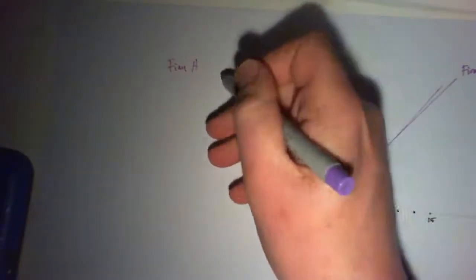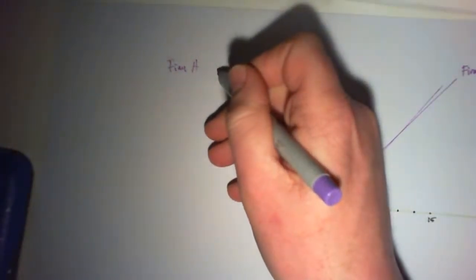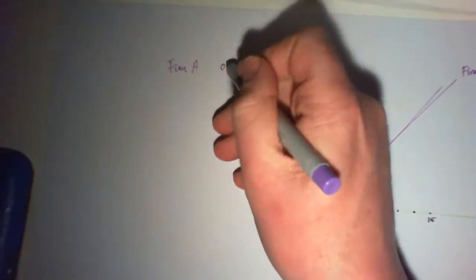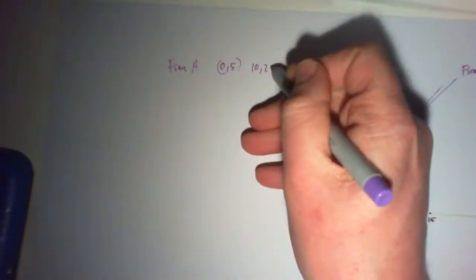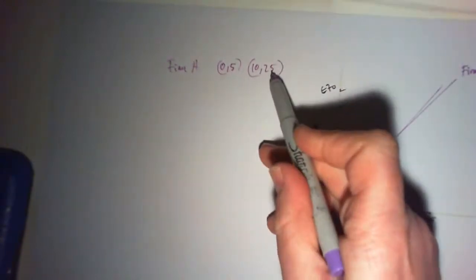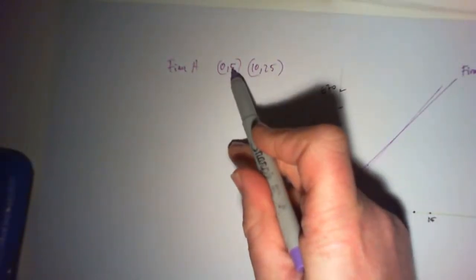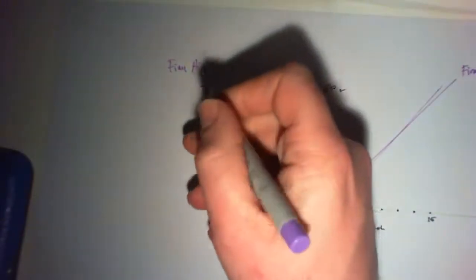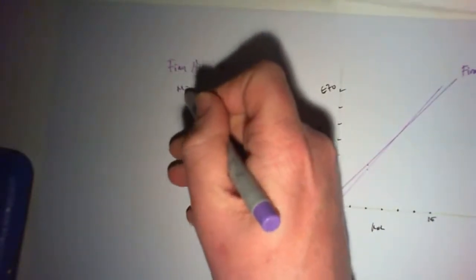We have 2 sets of points really for firm A. We have 0 and 5 and 10 and 25. So you've got y2 minus y1, that's 20 over 10. That's going to give you a slope of 2. So the slope is equal to 2.